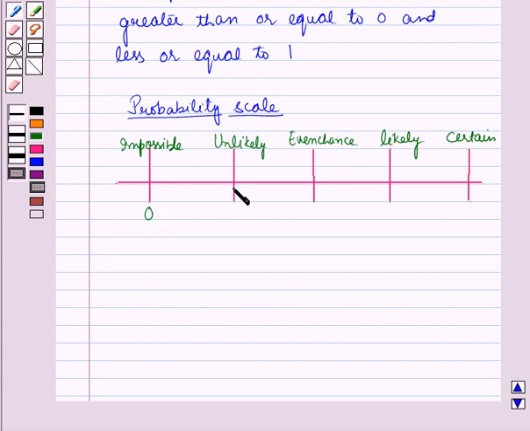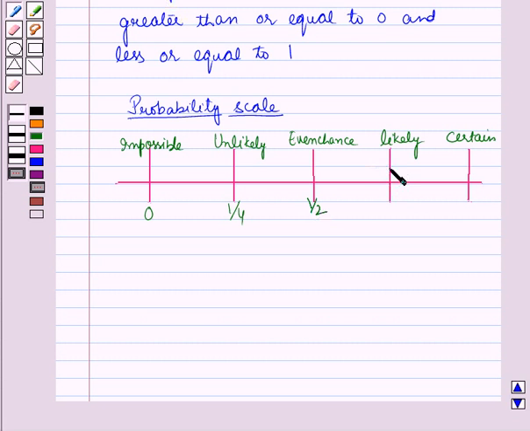Now, for an unlikely event, the probability is 1 by 4. For example, it will rain tomorrow. Then, for an even chance, the probability is 1 by 2. For example, getting an even number on a rolling die.